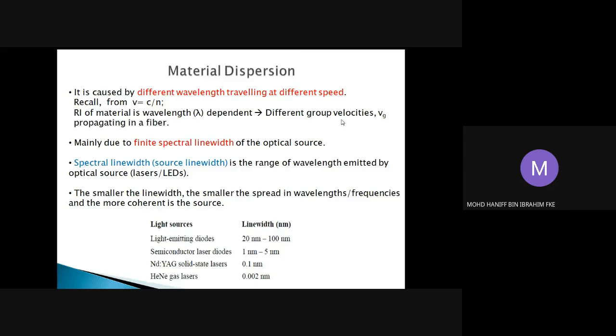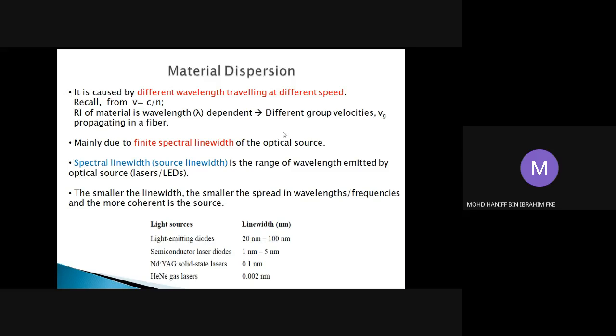I repeat again: due to different lambda traveling in your optical fiber, and I hope you understand why we have different lambda, because of the spectral line width of your optical source, we're going to have different n, and as a result of different n, varieties of group velocities will propagate in your optical fiber. This difference of group velocities will then give rise to the material dispersion effect.